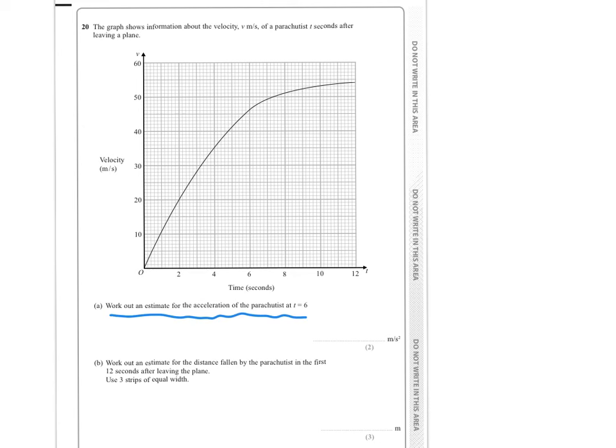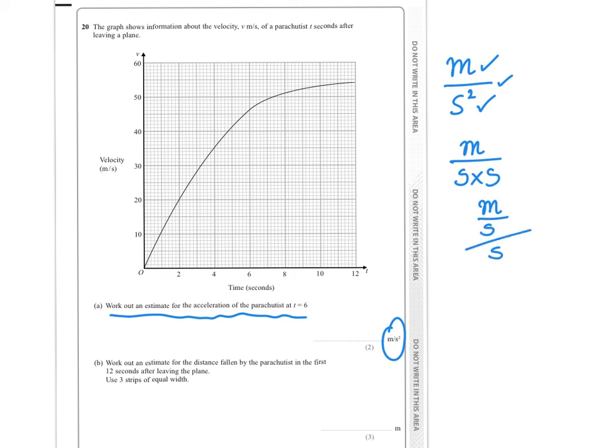Now, if you're okay with acceleration being the rate of change of velocity with respect to time, then that would be good. If you're not, look at the units of acceleration, and it's meters per second squared. Well, that's the same as meters over seconds times seconds, because that's how you get seconds squared, which is the same as meters per second divided by seconds.